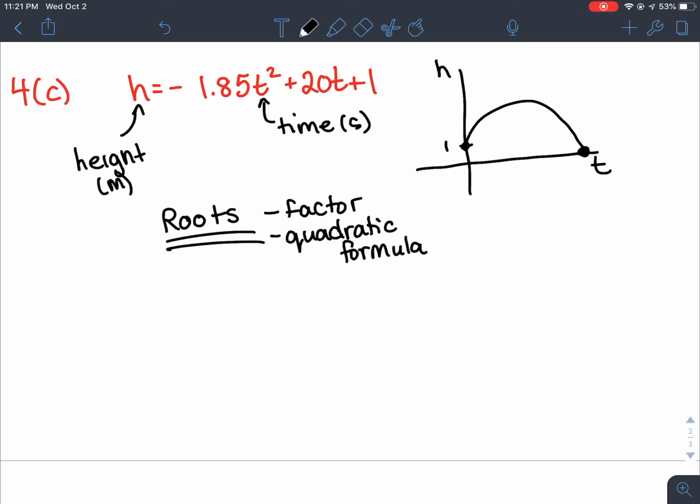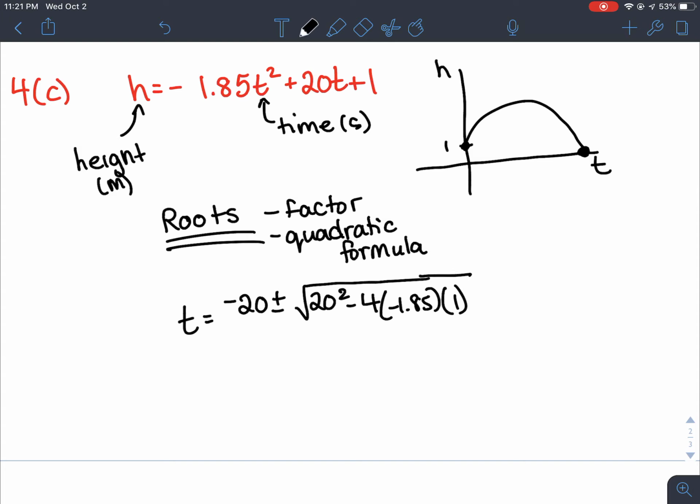For the quadratic formula, we're solving for t, and it's negative b plus or minus the square root of b squared minus 4ac, and the whole thing is divided by 2a.